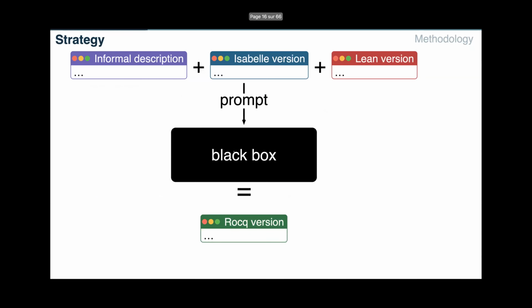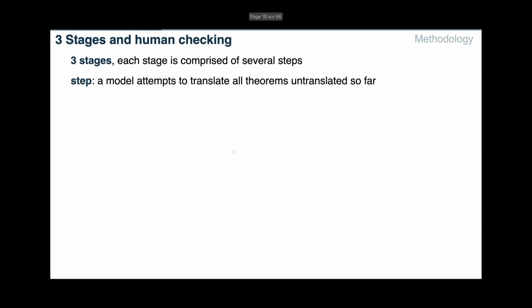That means that the prompt is our only lever for translation. Moving on, we'll do that with three stages of increasing complexity. A stage is comprised of several steps, and a step is just an attempt by a model to translate all remaining theorems.